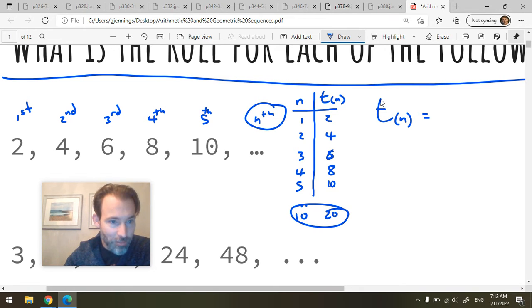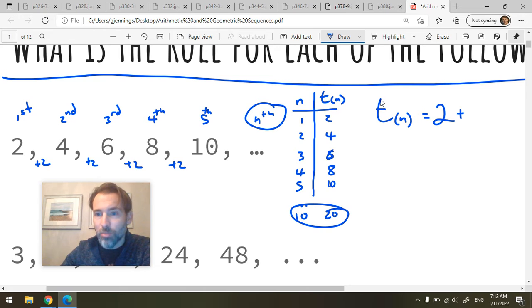You're going to take the first term, write it down, 2, and then you add something that's added repeatedly. We notice that we're just adding 2, adding 2, adding 2, adding 2. So I want to add 2 multiple times to find what the nth term is, and so I'm going to take 2 plus 2 multiplied by n minus 1.